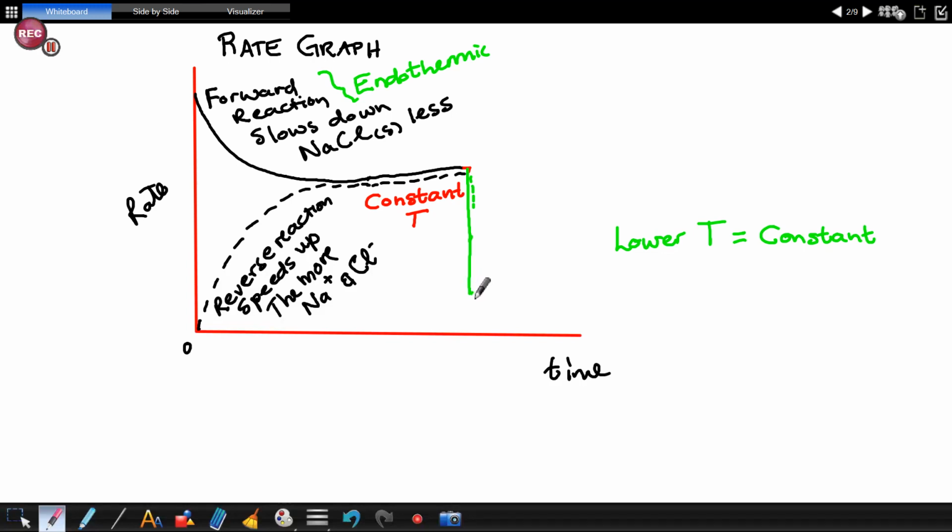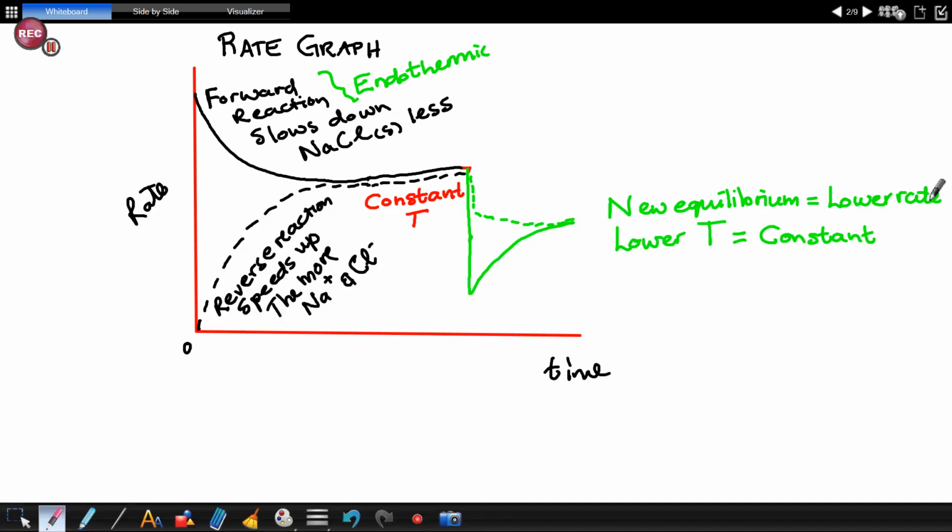The forward reaction must speed up again, while the reverse reaction will slow down again. Okay, so a new equilibrium at a lower temperature. The new equilibrium is at a lower rate when the temperature is decreased.